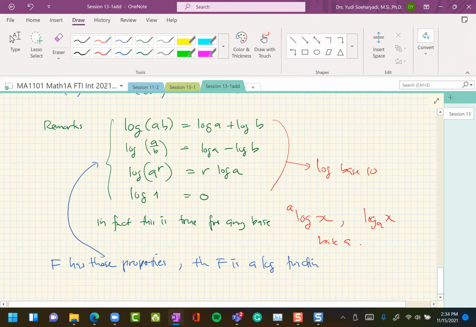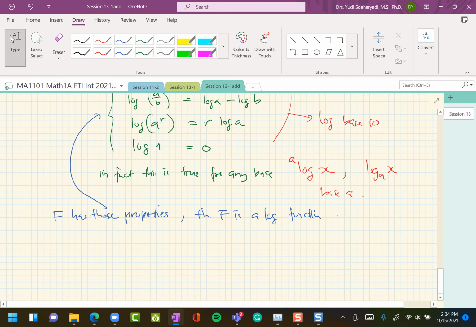But the thing is, we don't know what the base is. So I just say with some base A. Right? So now the next question would be, A equals what?